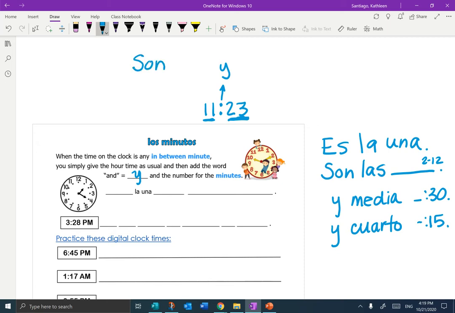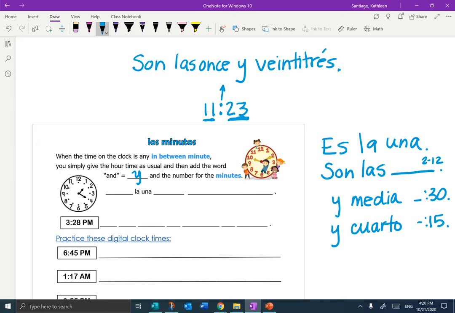It's son las. I'm going to have to squeeze it in here. Okay, I'm going to have to move over my E. Son las 11. Now I'm at the colon, E, and now I have to do my 23. Remember that 23, all one word, 23. Son las 11:23. I add a period because this is a sentence. It is 11 and 23, or 11 and 23 minutes.